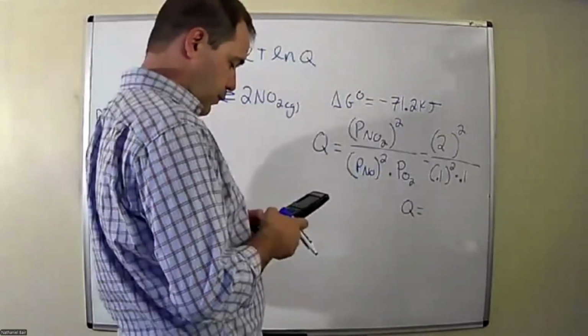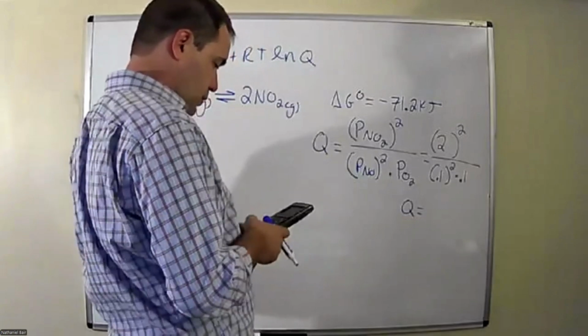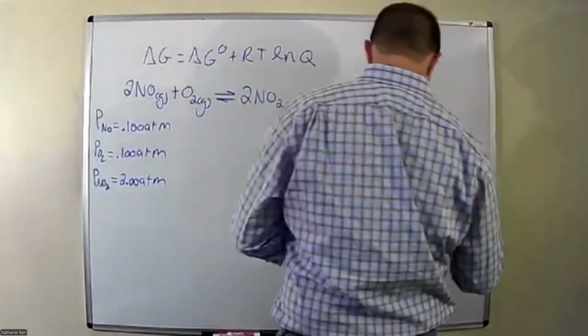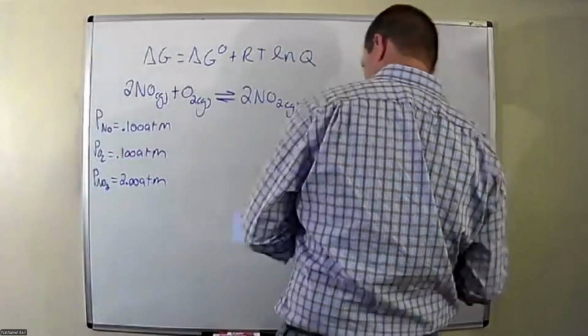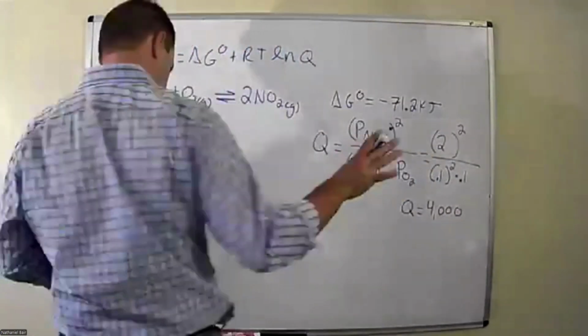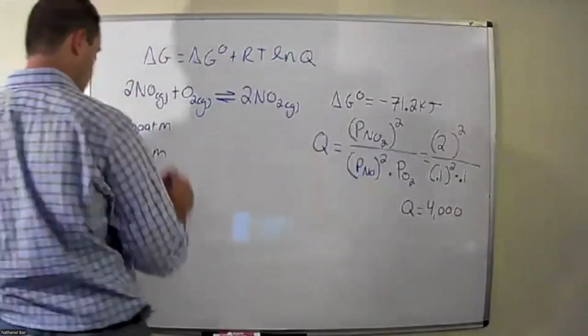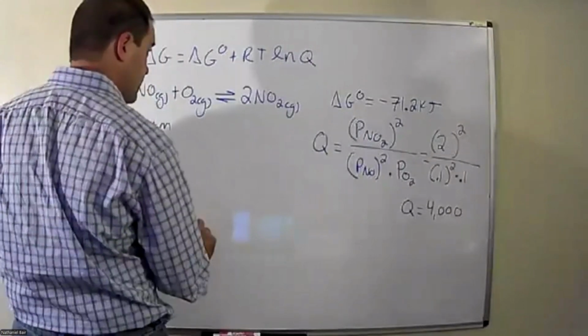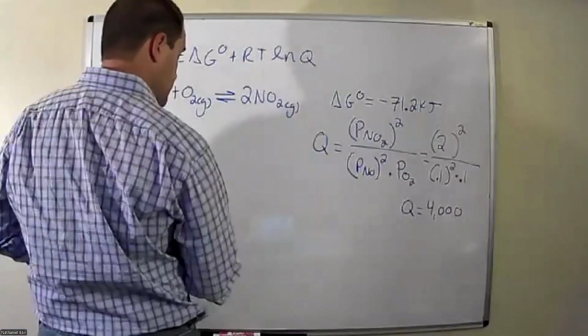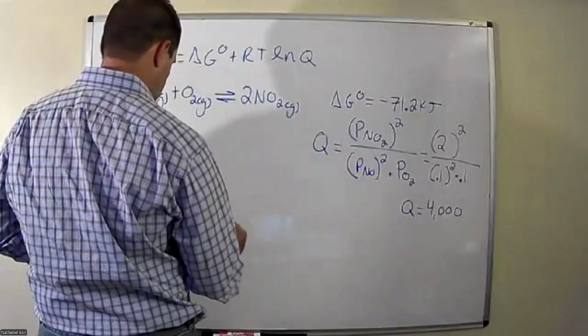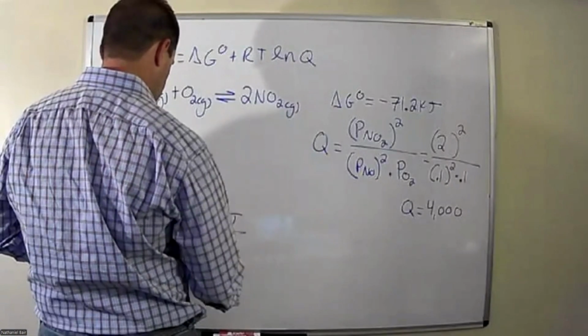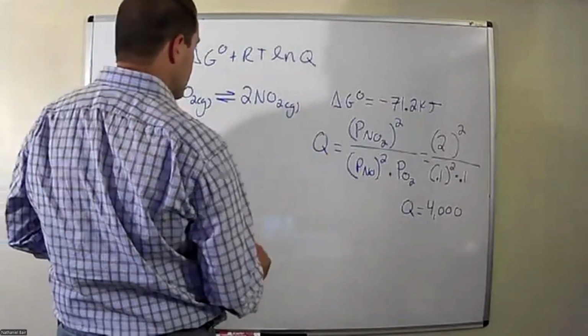So what do we got here? We got 4 divided by 0.1 cubed. So Q is 4,000, folks. That's what I got. If you got something different, please let me know. Here we go. Delta G under non-standard conditions equals delta G under standard conditions, negative 71.2 kilojoules per mole. They didn't put the mole there, but we will.